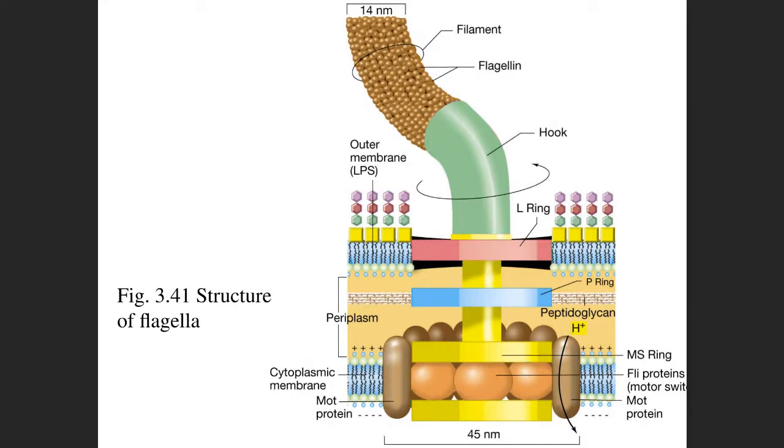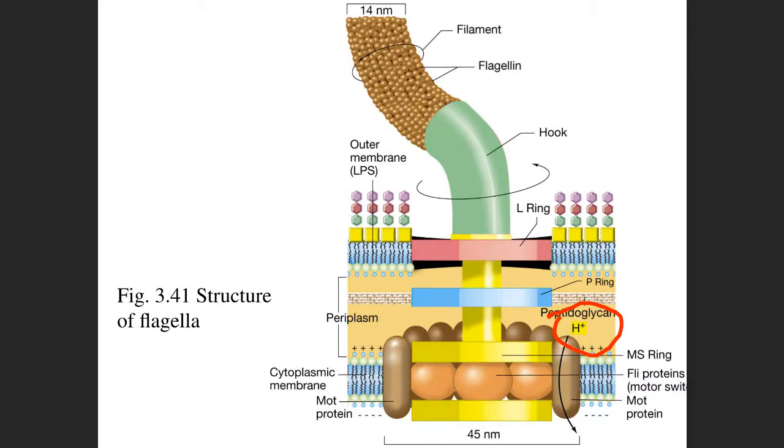And here I'd like to highlight a few things. Where does the energy come from? It uses the proton gradient. Remember the proton gradient we talked about so much? The proton gradient is the driving force rotating this flagellum.